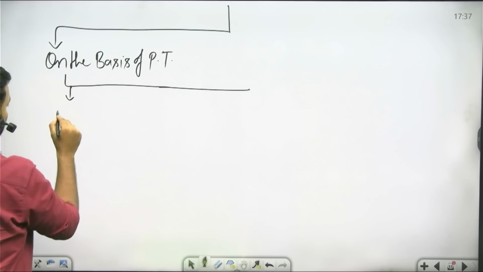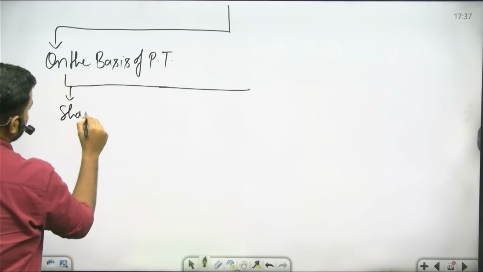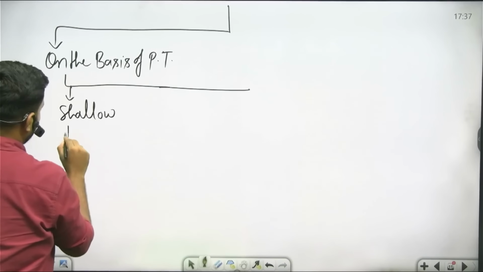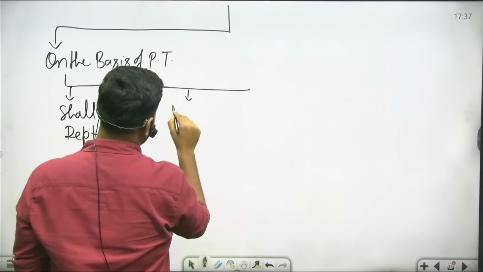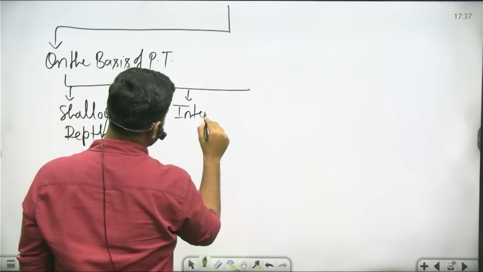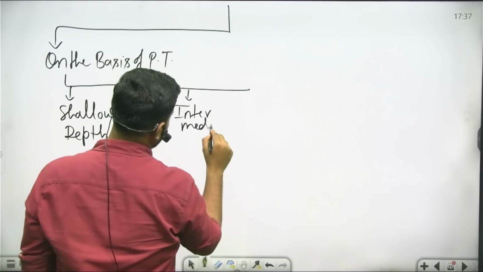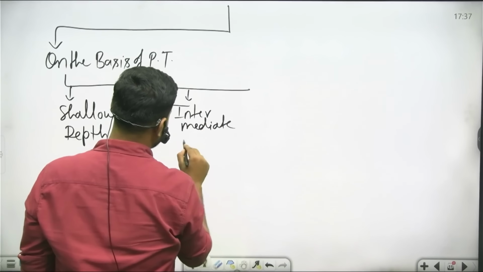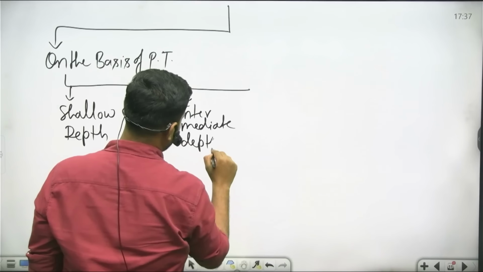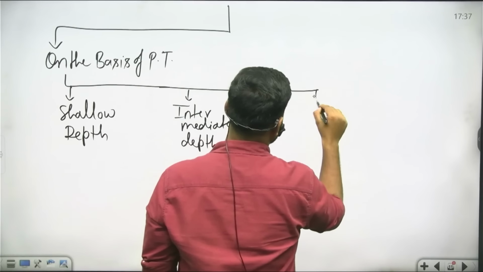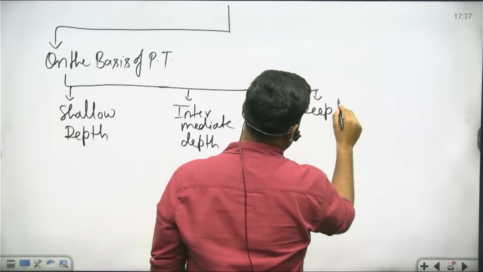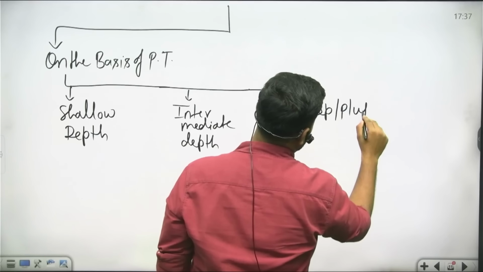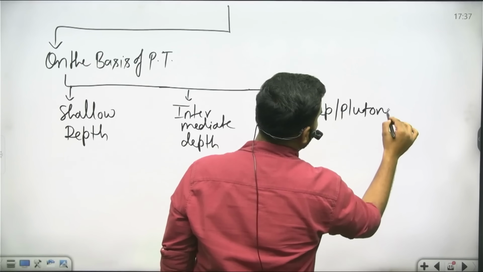तो पहला क्या हो जाएगा, shallow depth. The second one is the intermediate depth, and third one is the deep or plutonic depth.